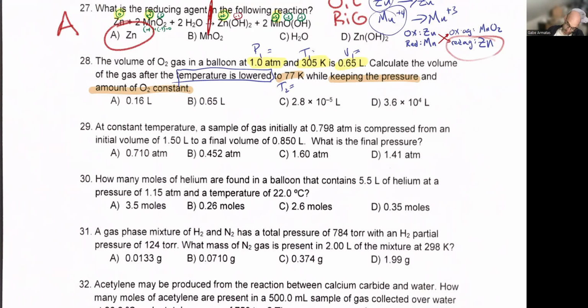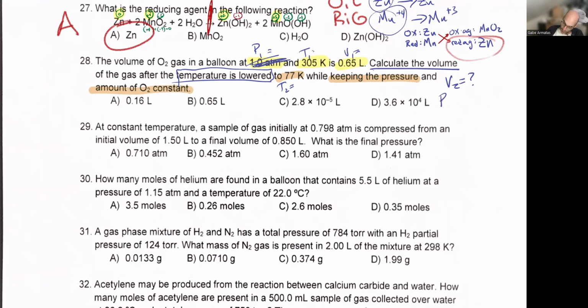Calculate the volume. So we're looking for volume 2. Pressure is constant, so I don't really care about it because it's constant, so we can ignore it. And the moles do not change.